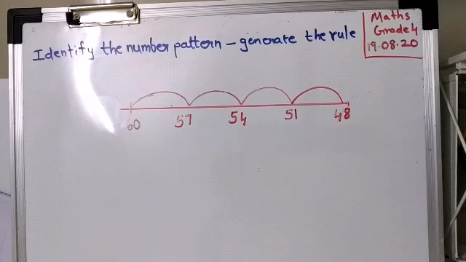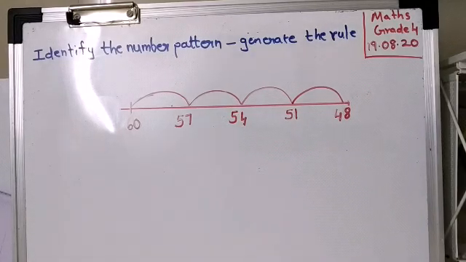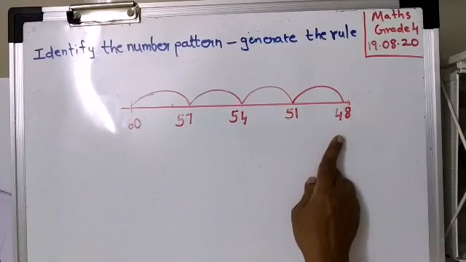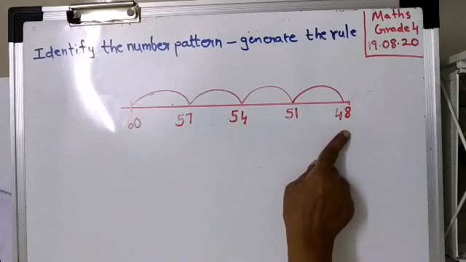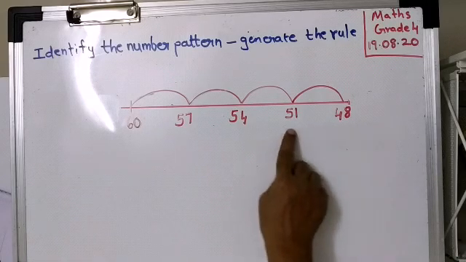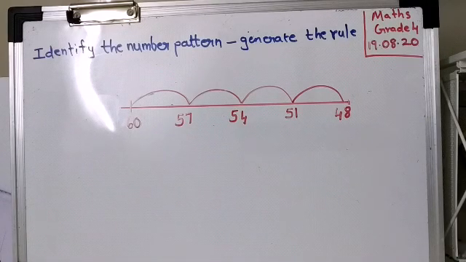So children, let's see this example of subtraction. Now look at these numbers children. 60, 57, 54, 51 and 48. If you look at it children from the right side, can you see? It's getting reduced, right?